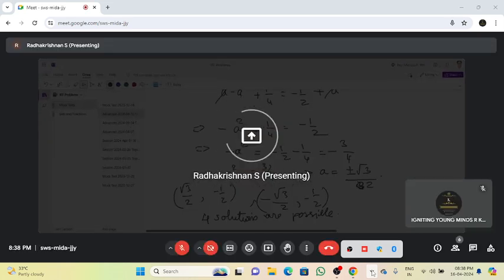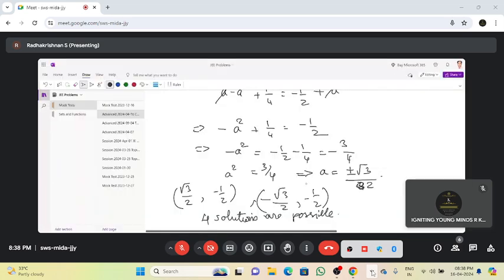When we take a plus ib as a complex number, a and b should be real. So if a itself comes out imaginary, then that is not valid. On the other hand, we are getting real values. So with 4 combinations of real values, 4 solutions are possible.